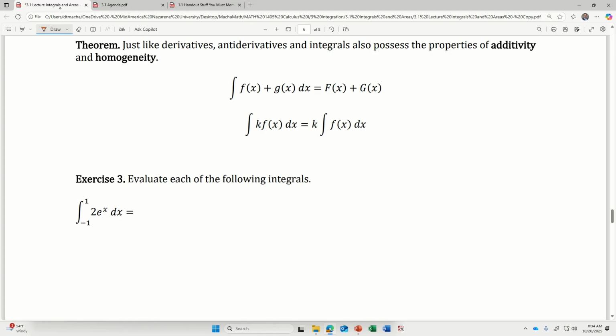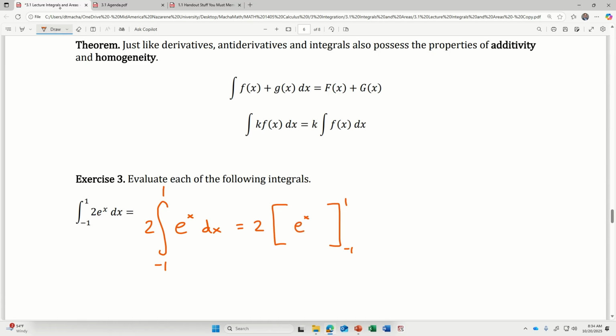So where I see the integral from -1 to 1 of 2e to the x dx, I can just take the 2 out. That is integral homogeneity happening, right? It's totally fine if I take constant factors outside of the integral. Okay, what is the antiderivative of e to the x?